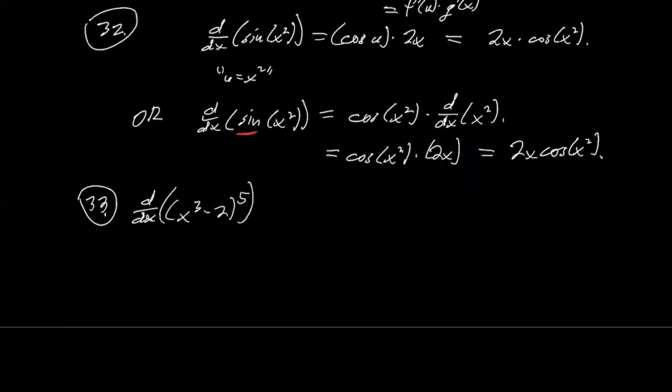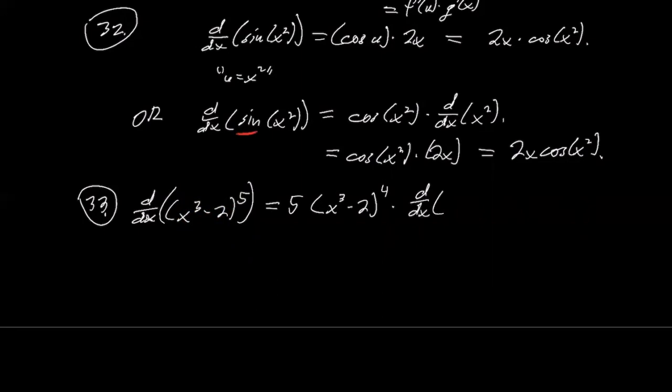And notice, it's almost like if you make the x cubed minus 2 blurry and don't worry about it, it's just something to the 5th power, right? So how do we differentiate something to the 5th power? Well, it's 5 blah to the 4th. So it's 5 times x cubed minus 2 to the 4th power times the derivative of the thing I sort of blurred out, the inside.